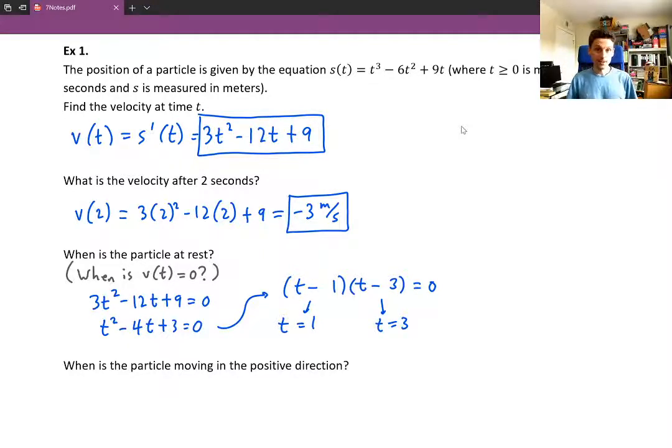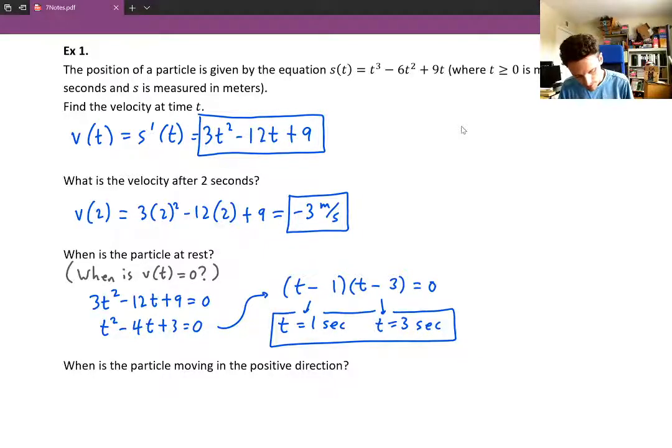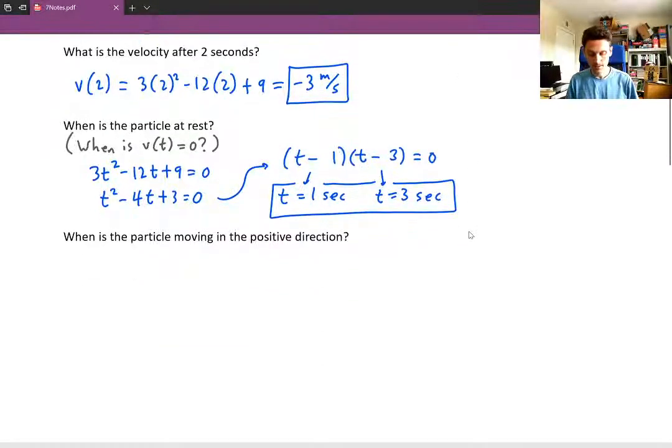Remember that we have units here, so for the time values, they're in units of seconds. And those are the 2 times when the particle is at rest, when t equals 1 second and when t equals 3 seconds. That's where velocity is 0, so the particle's at rest.